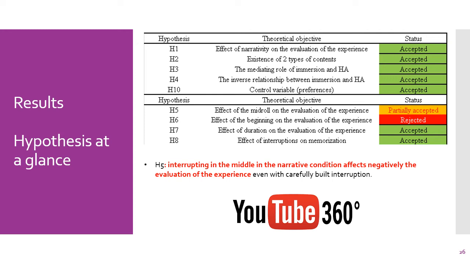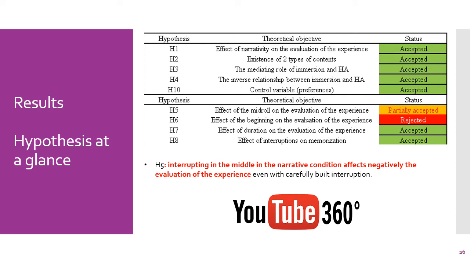The first one is we identified clearly two types of video contents. So you have the narrative content versus the non-narrative contents. The narrative contents generate a different experiential profile. So it includes storytelling, and in general, it creates more enjoyment, like watching a movie and having the possibility to interact with this movie in 360-degree videos.